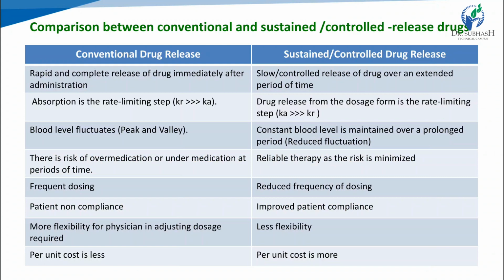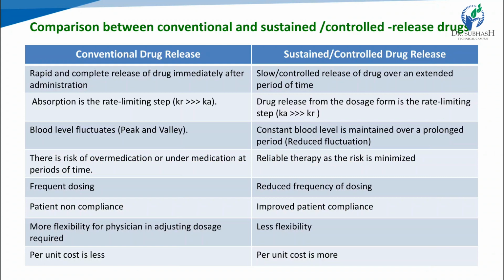In conventional release, there is a risk of over medication or under medication, skipping a dose, sometimes missing the dose, or sometimes taking an overdose. Then the drug concentration goes above the maximum effective concentration into the toxic level, so we get side effects, unwanted and adverse effects. So there is a chance or risk of over medication.